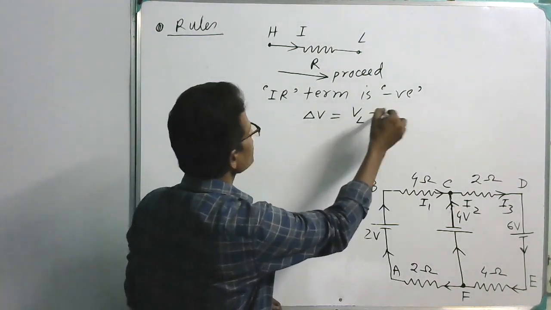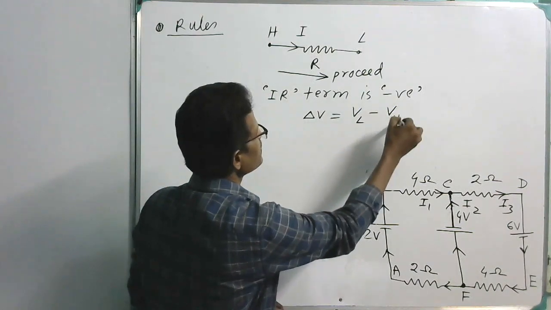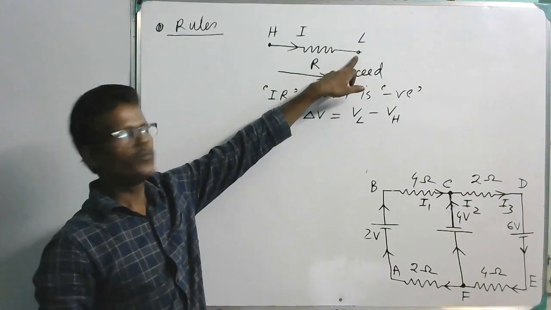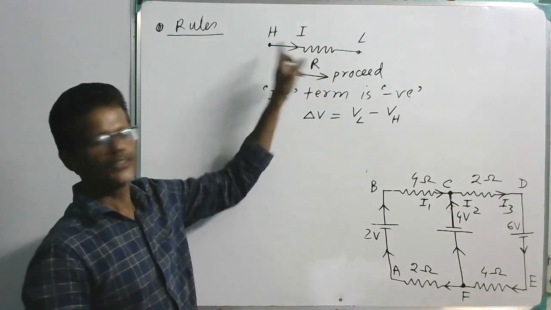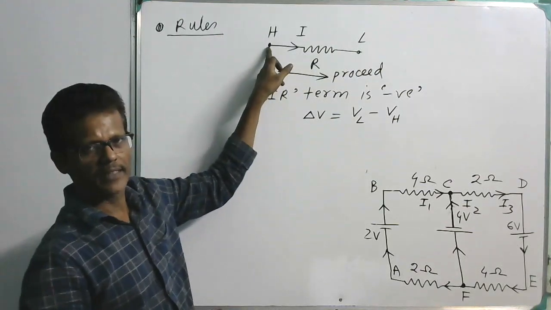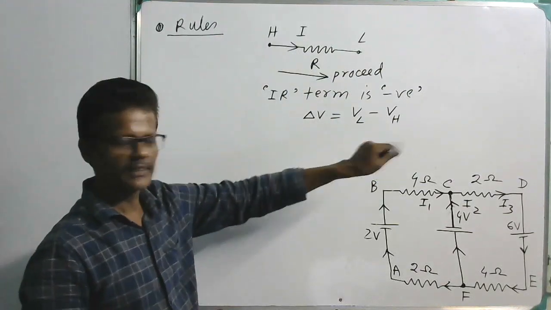VL minus VH, the potential of the final point minus the potential of the initial point.